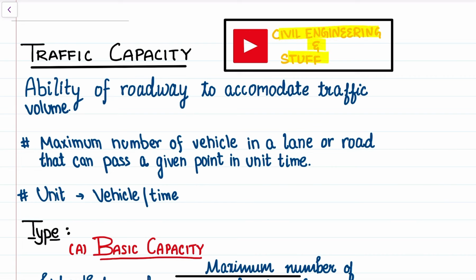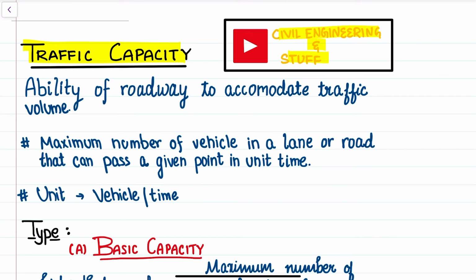And in today's video lecture, we are going to discuss an important fundamental parameter of traffic engineering, and that is traffic capacity. Traffic capacity is a fundamental parameter that is used to assess the traffic. Apart from that, we have traffic volume, traffic density, and traffic speed.